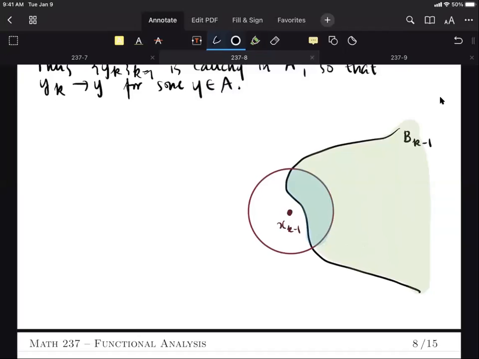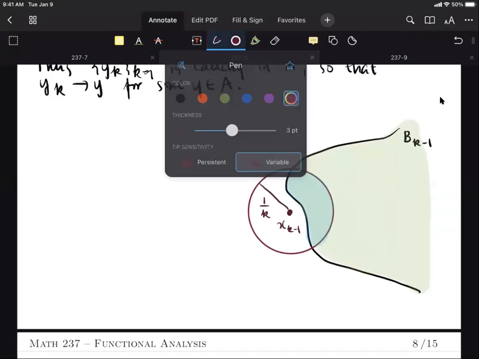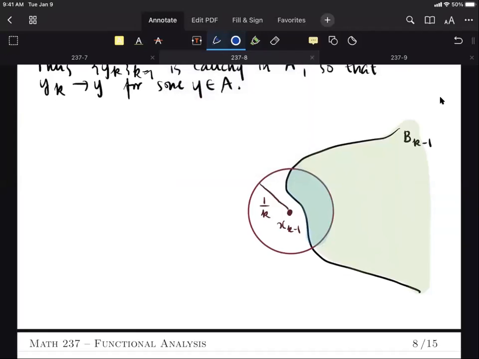And you take the ball centered at x_{k-1}. Take note that the x sub k's, the centers, are not necessarily in the set A, having a radius 1 over k. And in that case, the intersection would be B sub k. So this is our definition of B sub k.